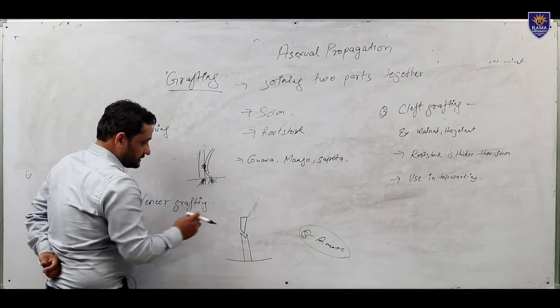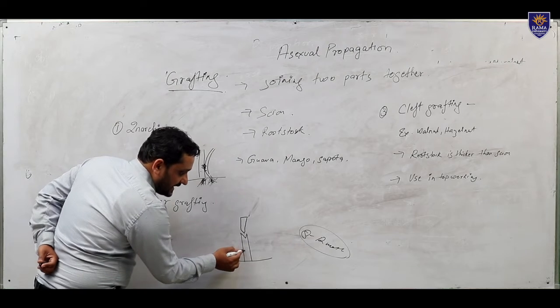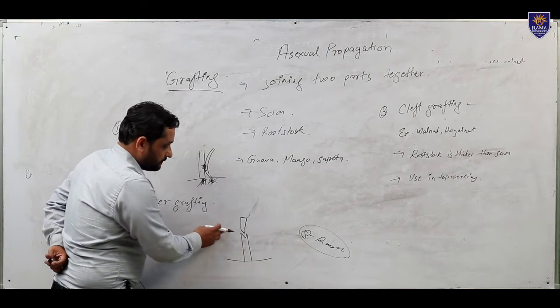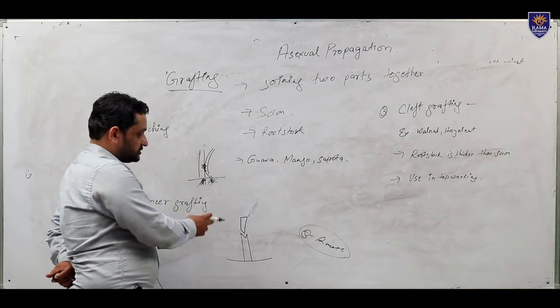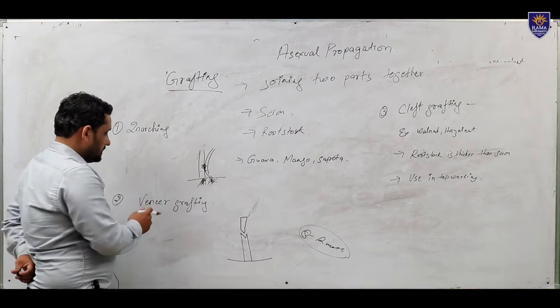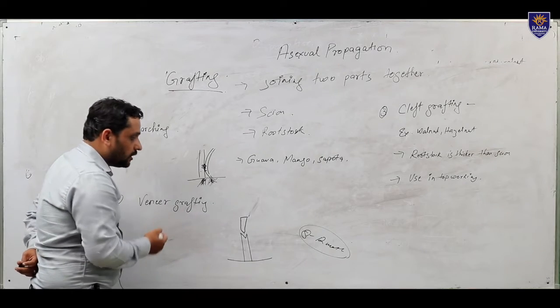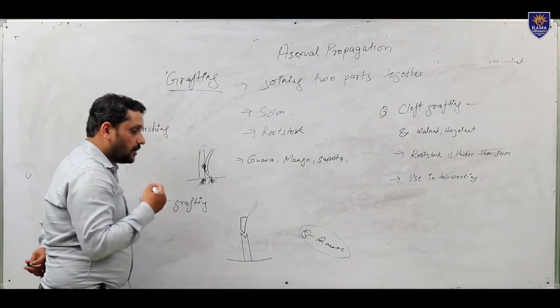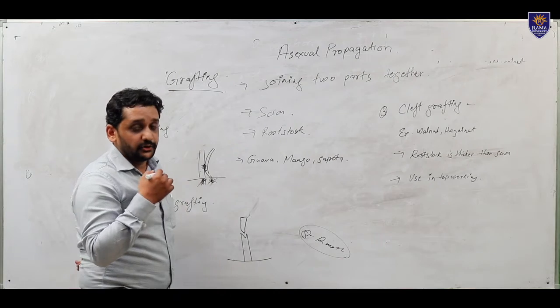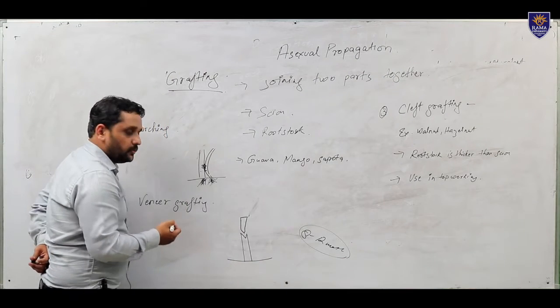And one thing more, the diameter of the scion and the rootstock should be similar. If the diameter is dissimilar, the veneer grafting will not take place. The union of the cambium will not take place.